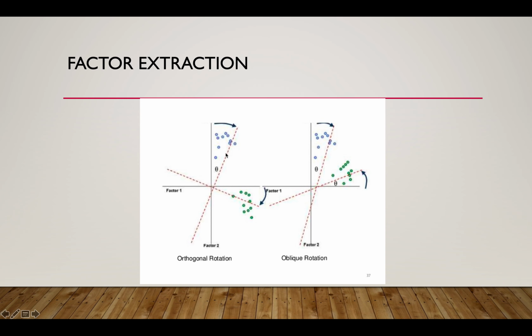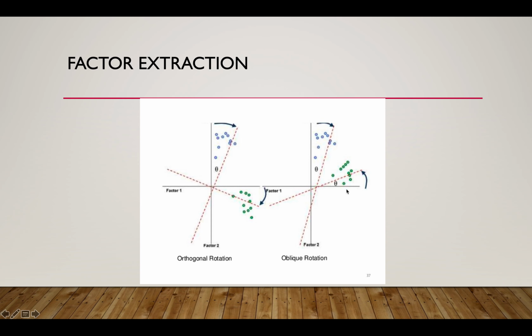In contrast, if our factors were like this, you can see that these factors are correlated. No longer is there a 90-degree difference between factors, right? In fact, these factors are getting closer together. And so these don't rotate together, they rotate differentially. They rotate to make the best fit with the items consistent with this factor.